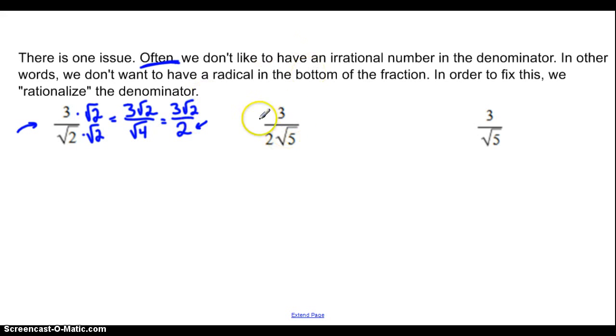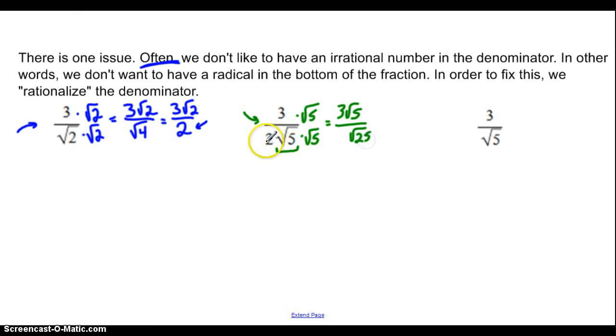We can do the same kind of thing with the second example here, 3 over 2 square root of 5. What I can do is multiply both the numerator and the denominator by the square root of 5. Because remember, when I multiply a square root by itself, it's going to cancel it out. So multiply the top and the bottom by the square root of 5. 3 times the square root of 5 is 3 square root of 5. In the denominator, 2 square root of 5 times square root of 5, where we can multiply those numbers under the radical to get 25.